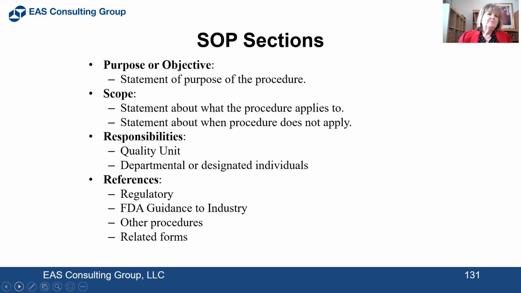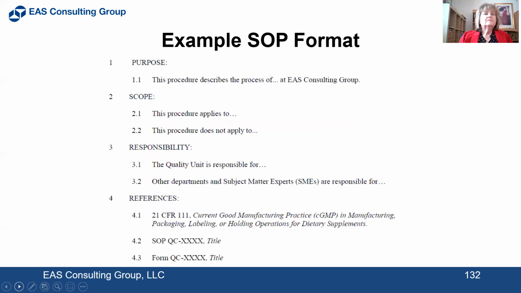Responsibilities, that would be almost always quality, and then departments or designated individuals. Any references that you use would be in that section, whether they're regulatory, FDA guidance to industry, other types of procedures, other related forms. So here's an example of those first few.